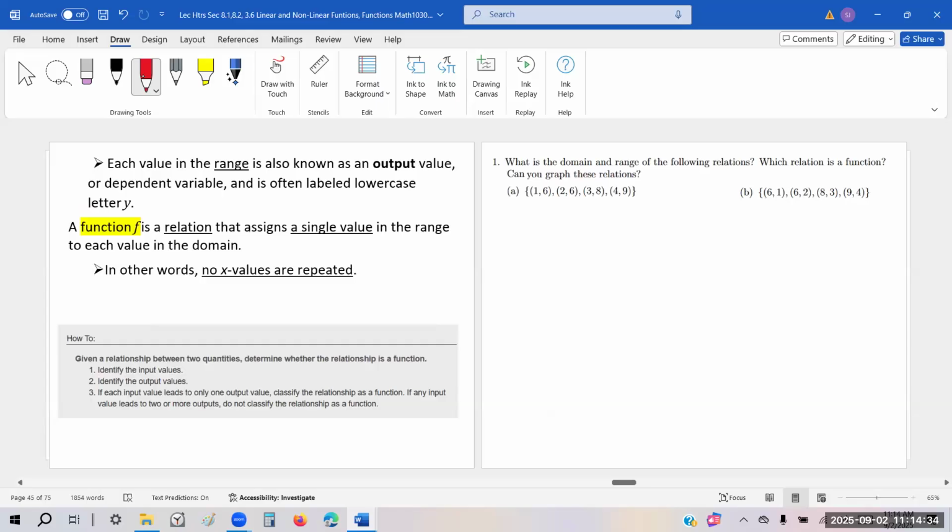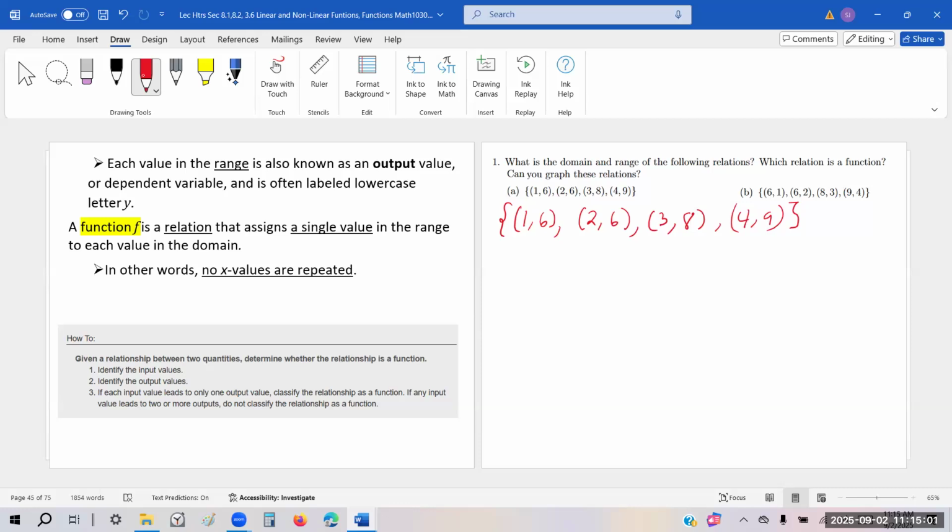Too small, let me make it bigger. We have 1, 6, 2, 6, 3, 8, 4, 9. A bunch of ordered pairs, so they represent a relation. We have a relation here. Now we have to determine whether this relation represents a function or not.